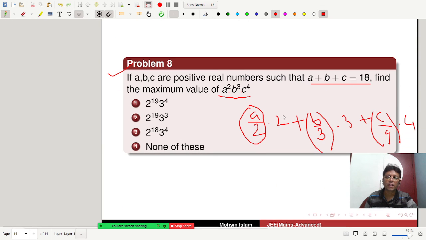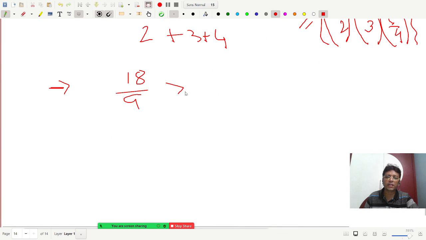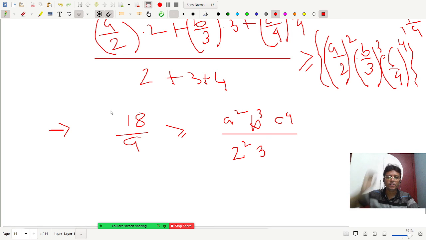So it's 18 by 9, greater than or equal to (a squared b cubed c to the power 4 over 2 squared, 3 cubed and 4 to the power 4) whole to the power 1 by 9.